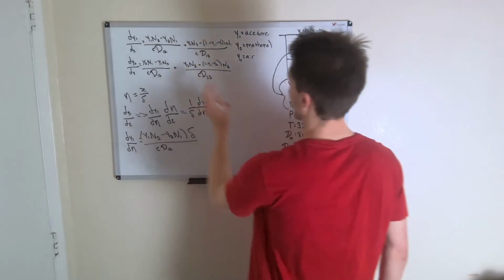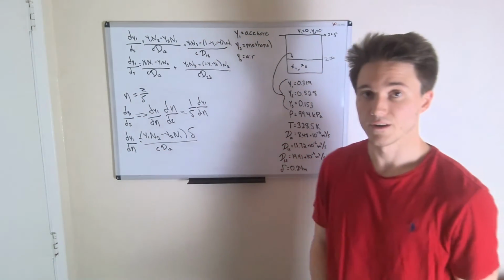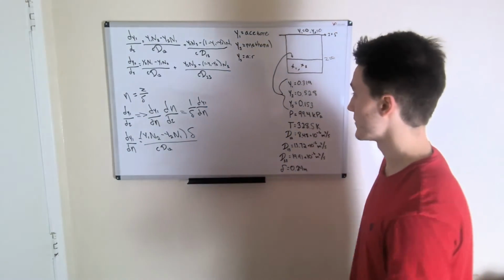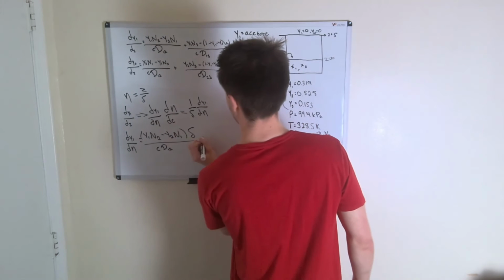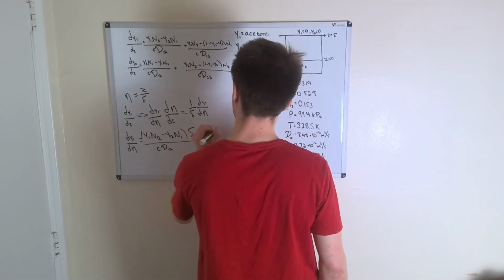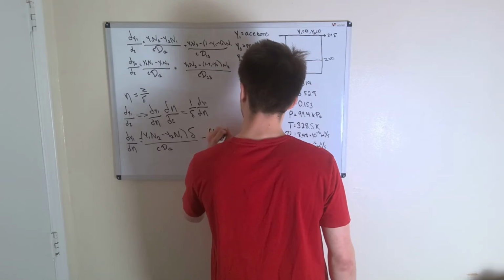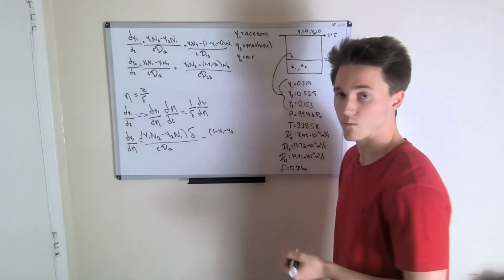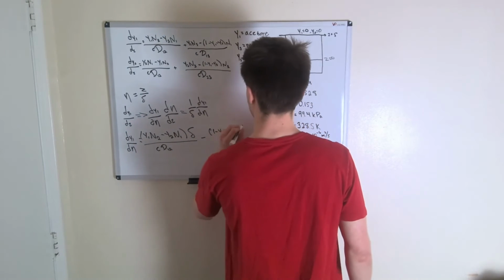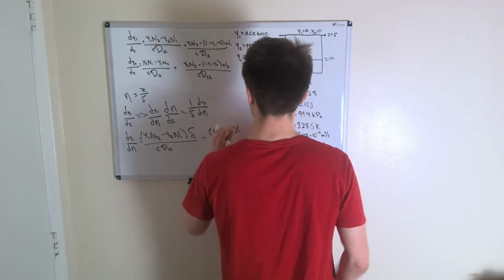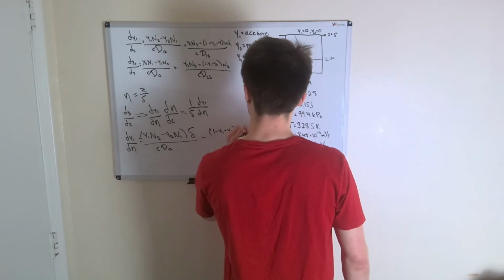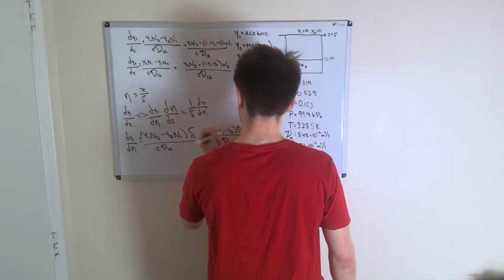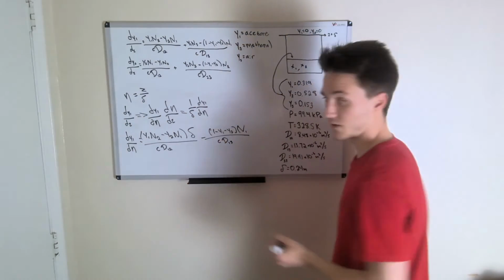And then we know that the molar flux of air is equal to 0 because there is no air in our liquid composition in this problem. So minus 1 minus y1 minus y2, which is equal to y3, multiplied by N1 over c, the concentration times the Stefan-Maxwell diffusivity of 1 and 3.